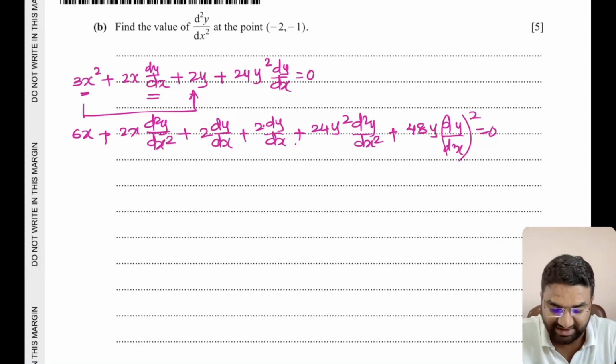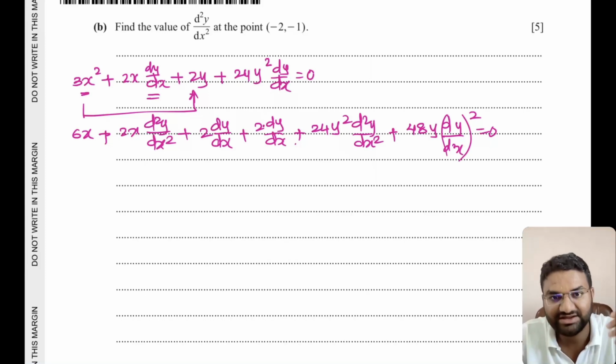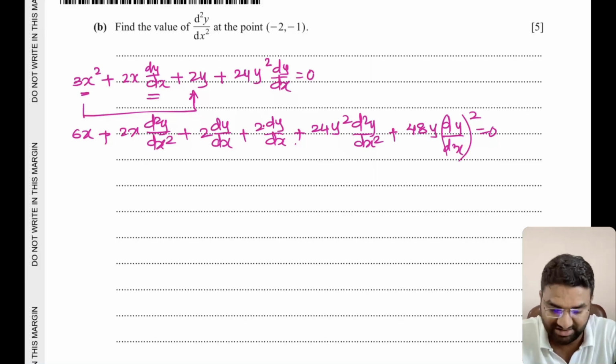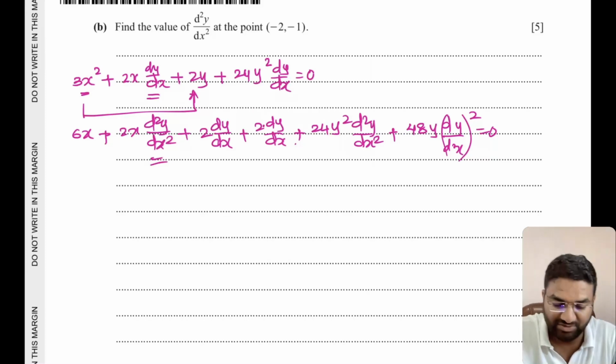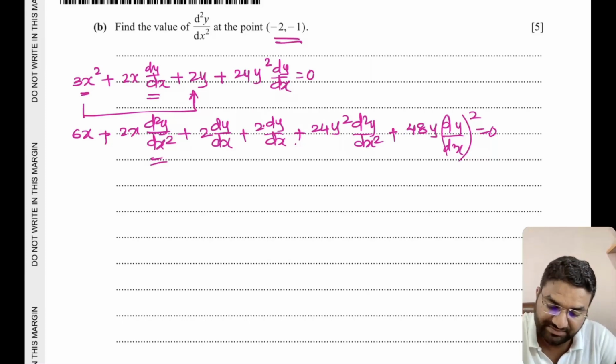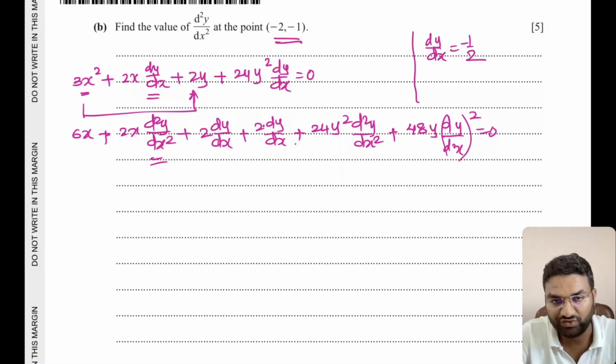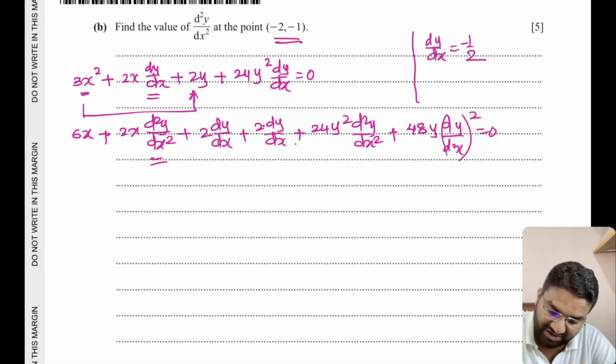So that's it. Now wherever you have dy by dx, take it together and substitute the value, and then we have to figure out d2y by dx squared. The point is the same, so you can straight away substitute dy by dx as minus 1 upon 2. So here you substitute x equals minus 2, y equals minus 1, and dy by dx as minus 1 upon 2.